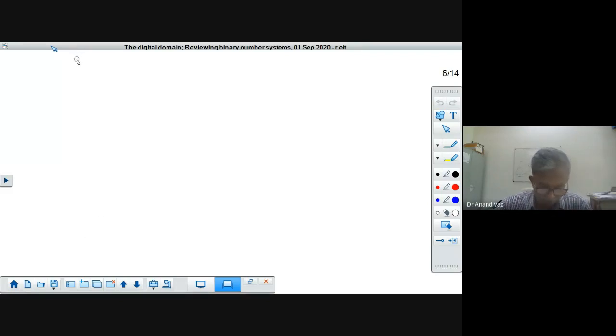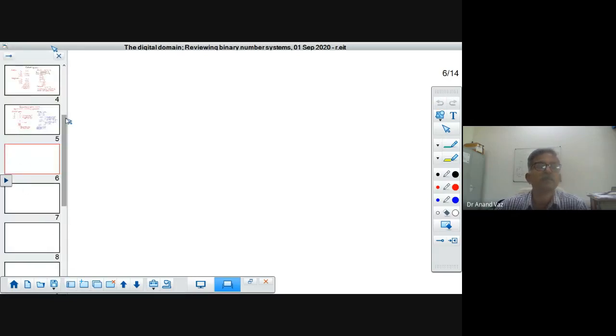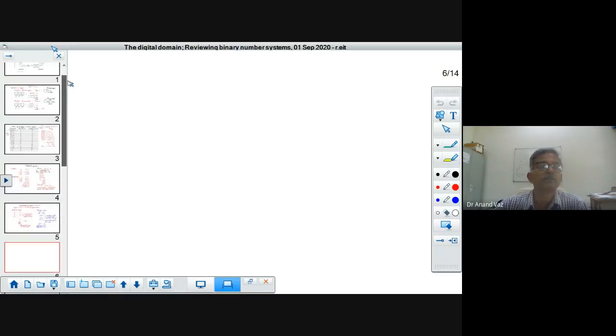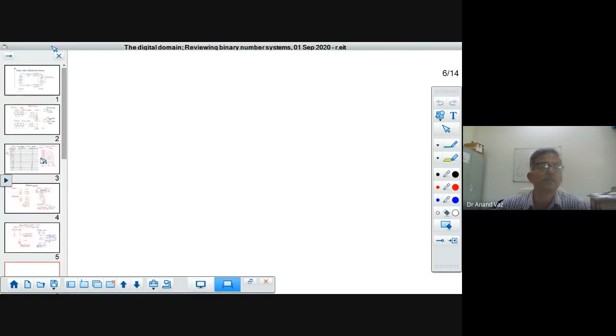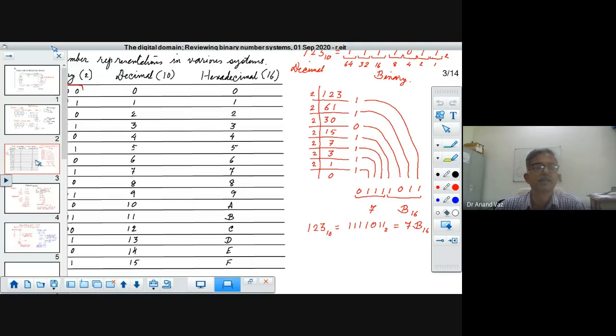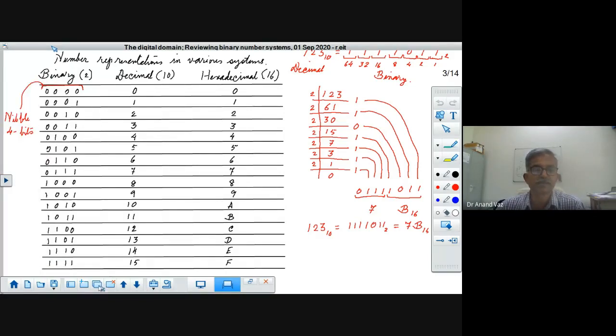Now, let's see the representation of negative numbers. We had a slide earlier. So we will take this slide itself. We will copy this slide.